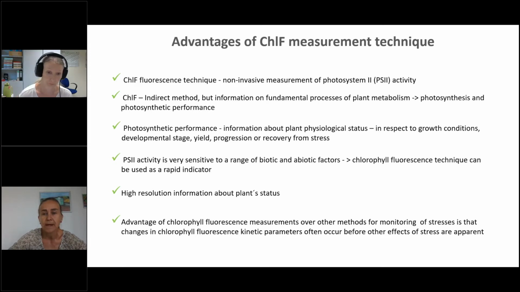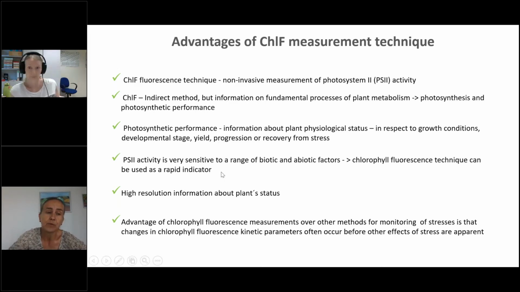And this in respect to growth conditions, to the developmental stage of the plants, also to stages of stress responses of the plants, which can be the onset of the stress response, progression, recovery.